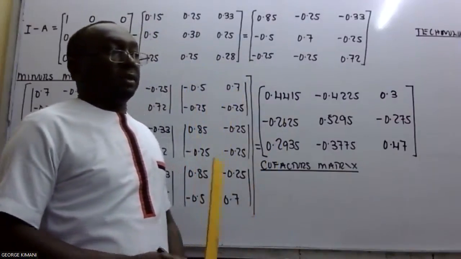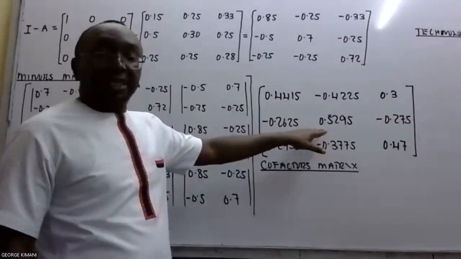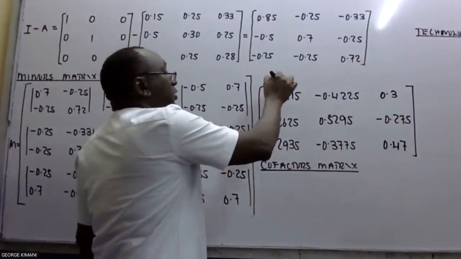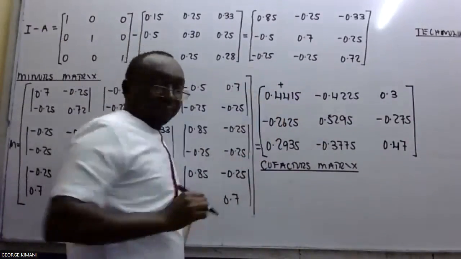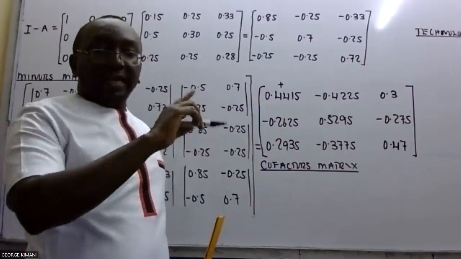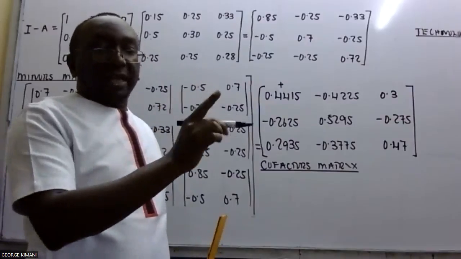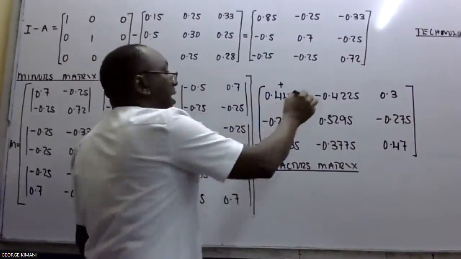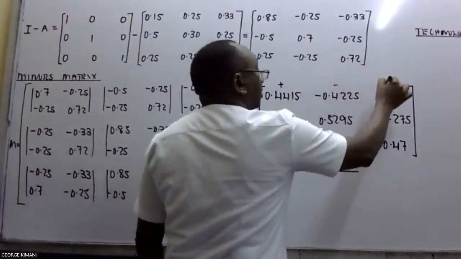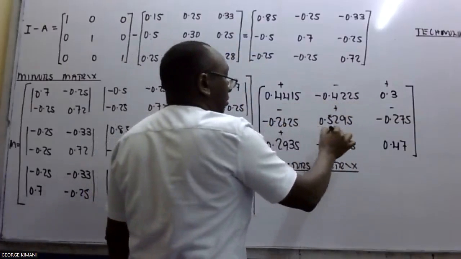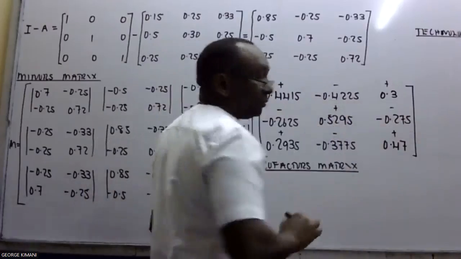Here you put a positive sign, then you go alternating, plus minus, plus minus, whichever direction you take. So this becomes minus, plus, minus, plus, minus, plus, minus, plus.